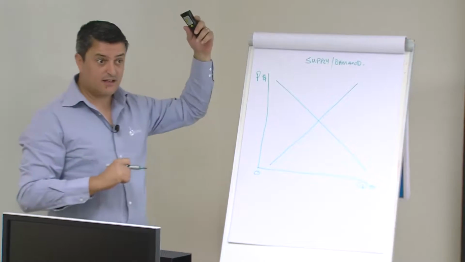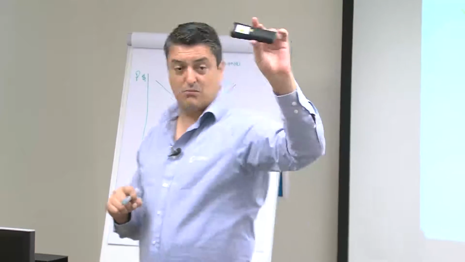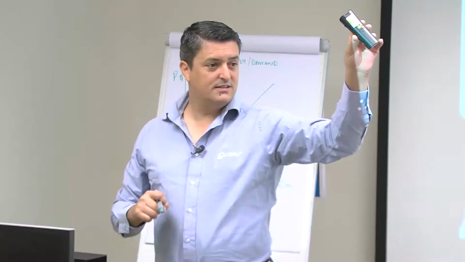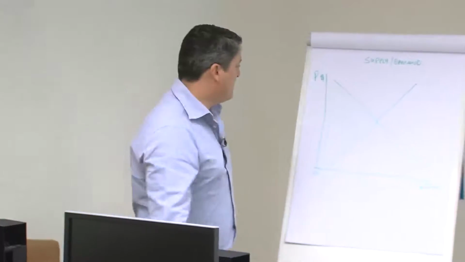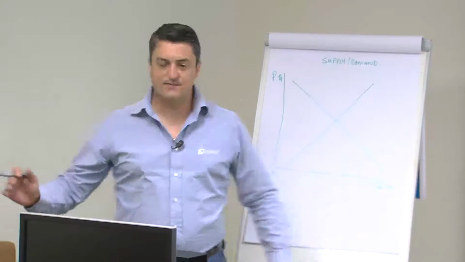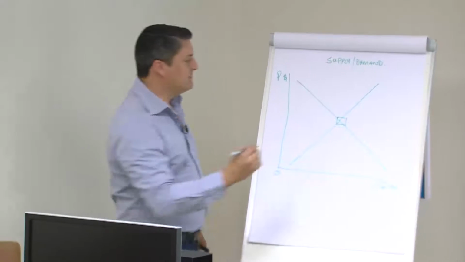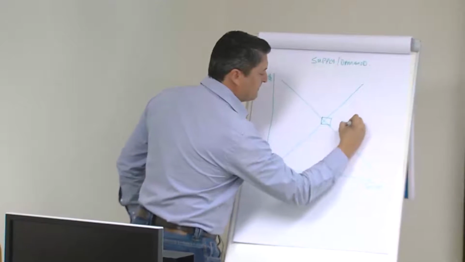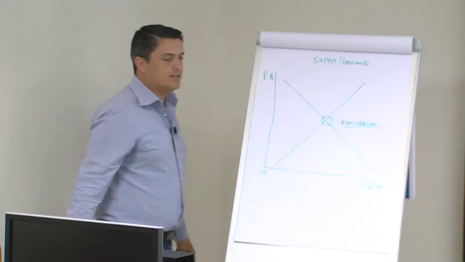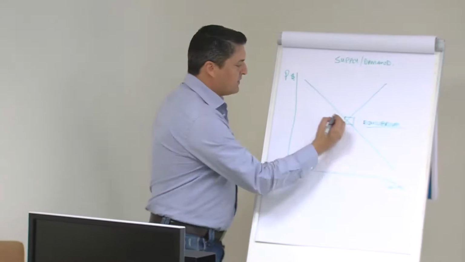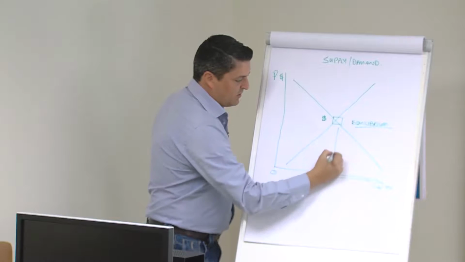If I'm a company, I'm going to sell you this at a price where I can realize a margin for it. Yes? I can make some money on it. So eventually what happens in the marketplace is that this situation occurs. And that middle ground is called an equilibrium. And the market actually dictates what the price should be based on the demand in the market.